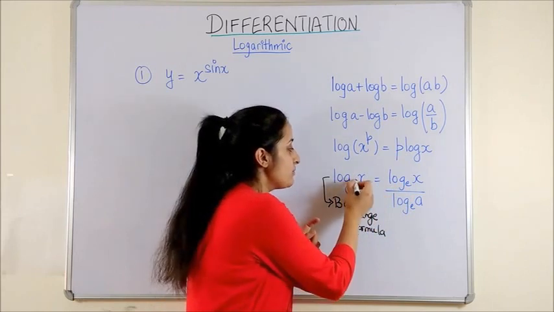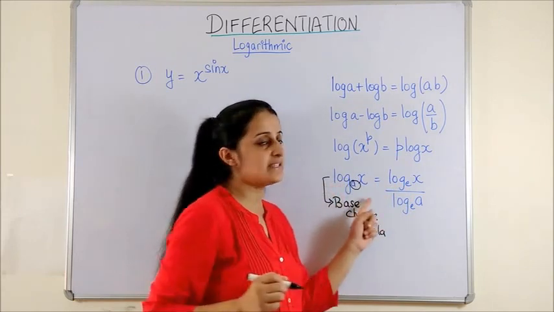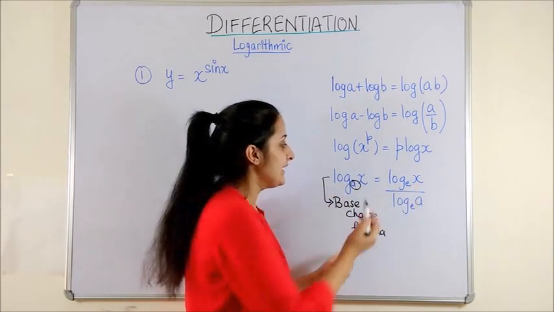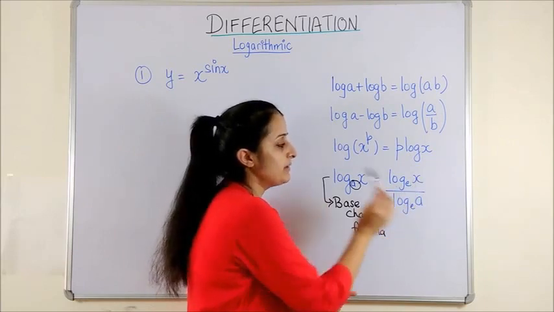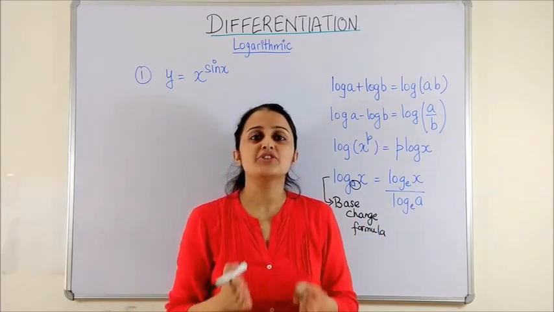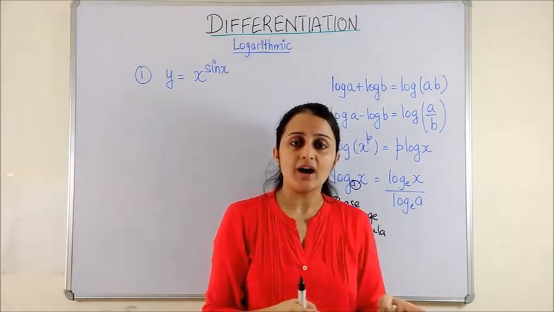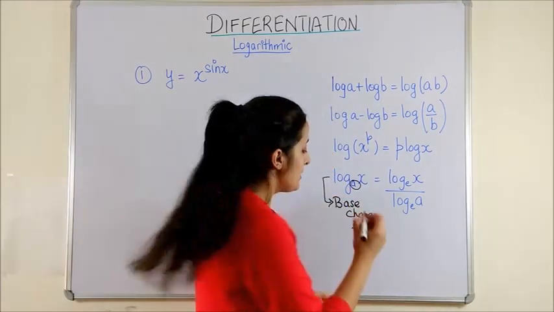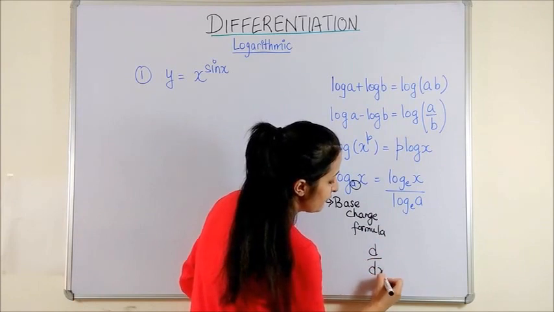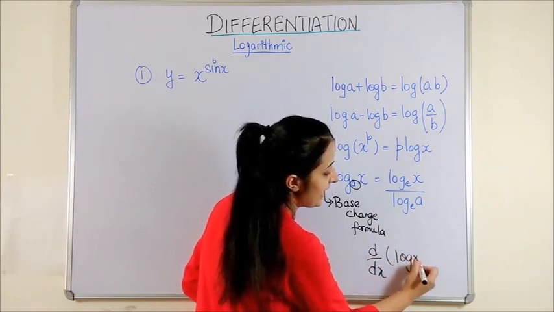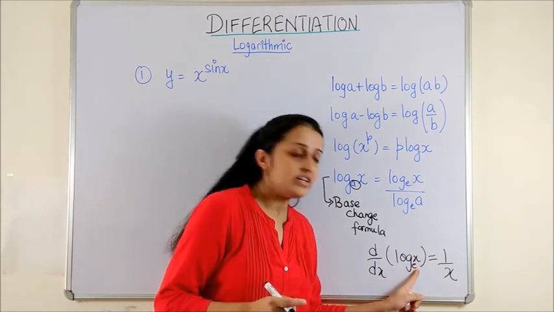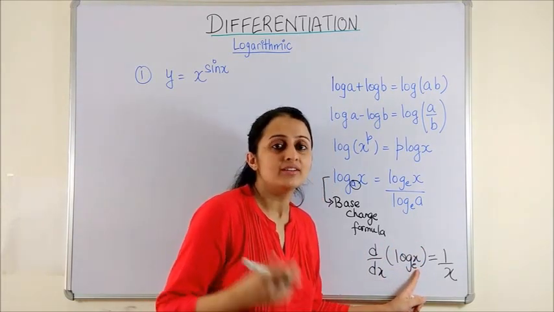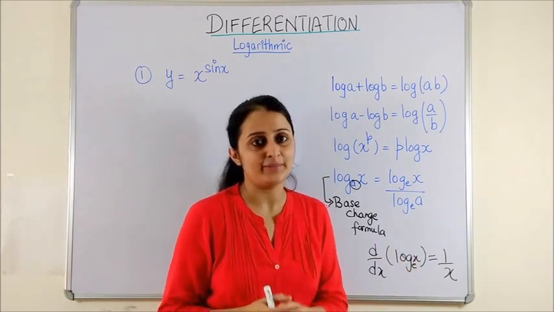That means, suppose I wish to change my base a to e, then write log x to the base e and then log a to the base e. Please remember, it's important to convert our base in terms of e, because the derivative of log x that we take as 1 over x is applicable only for base e, or the natural log as we call them.